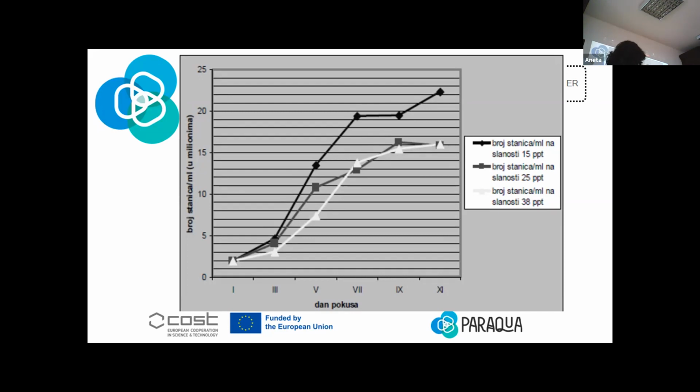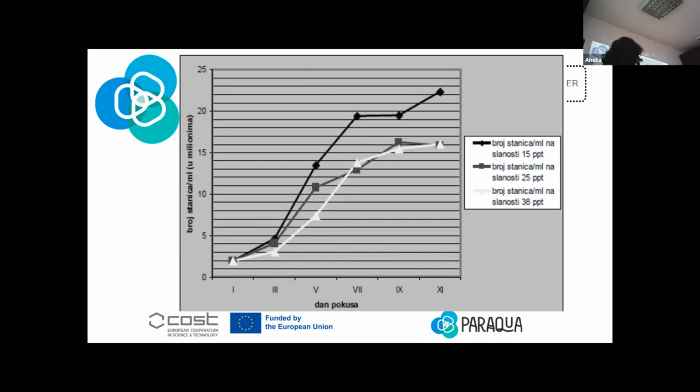When we tested Cylindrotheca, we got these results that were important for us, but we also tried different salinities: 15, 25, and 38. What we got is that Cylindrotheca reached the stationary phase under the same conditions at 15 ppt of salinity, or PSU.